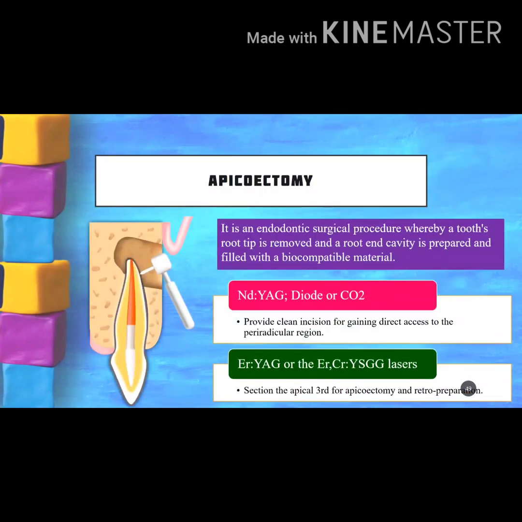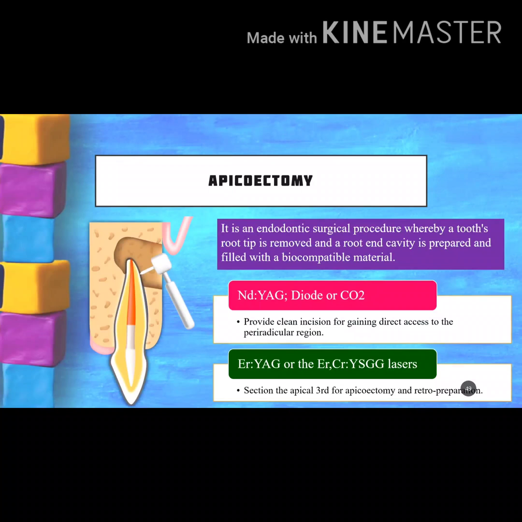Now, apexotomy. Apexotomy is an endodontic surgical procedure whereby a root tip is removed and a root-end cavity is prepared and filled with a biocompatible material.